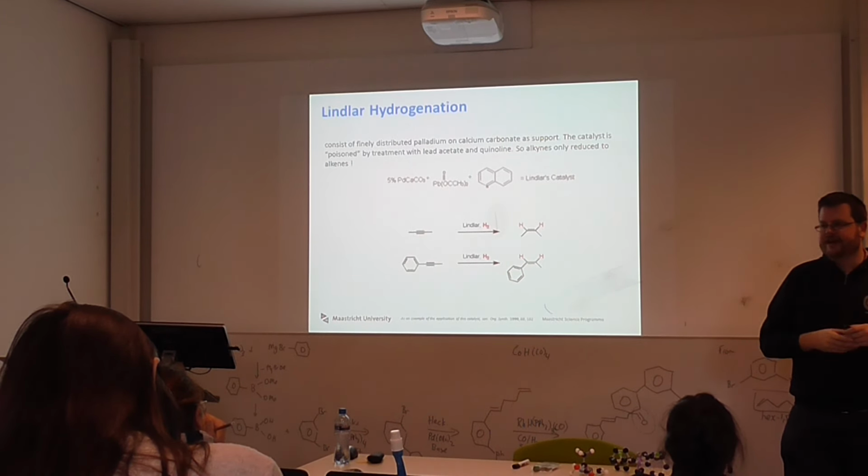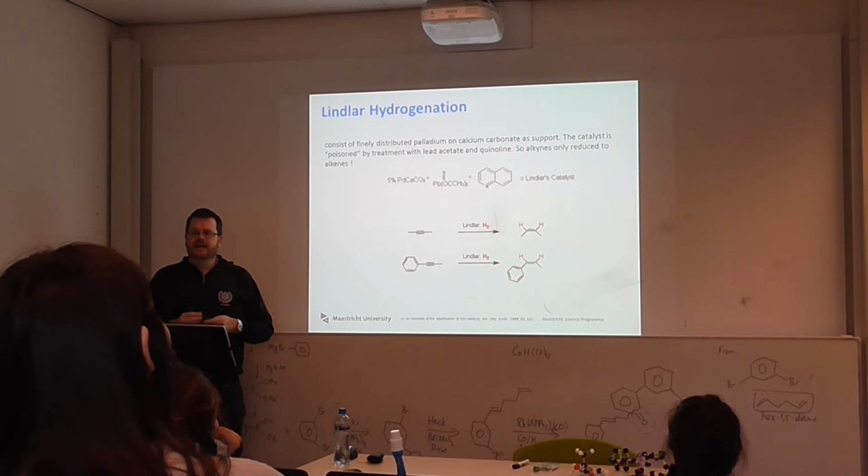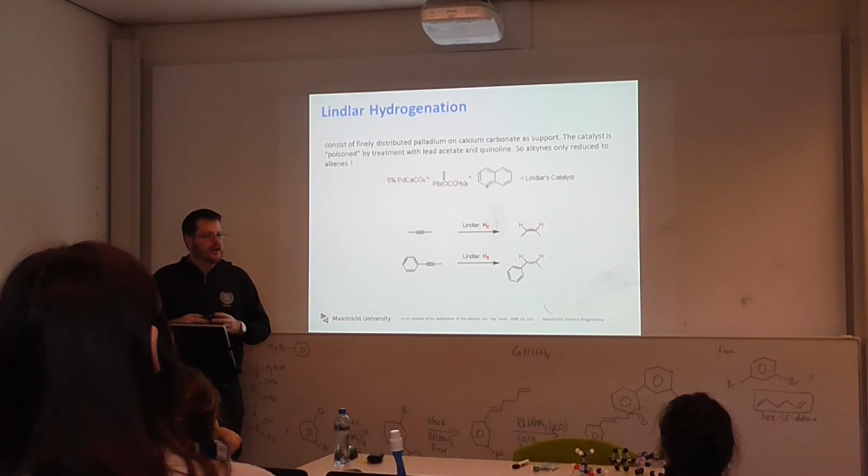Now, as I said, hydrogenation was really widely used, and in the early 1960s, there were some people looking at trying to make homogeneous catalysts of hydrogenation, and some people were quite successful in this regard.